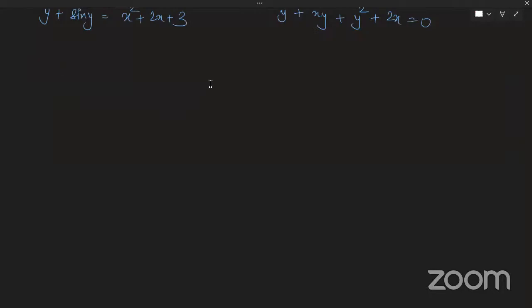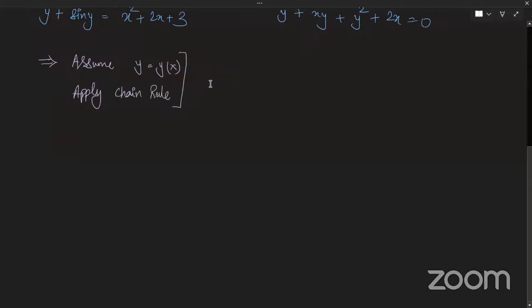So what you can do, in an easy case, is assume y to be a function of x. Assume that your y itself is a function of x and then apply chain rule. Really easy. You don't need to actually do anything.